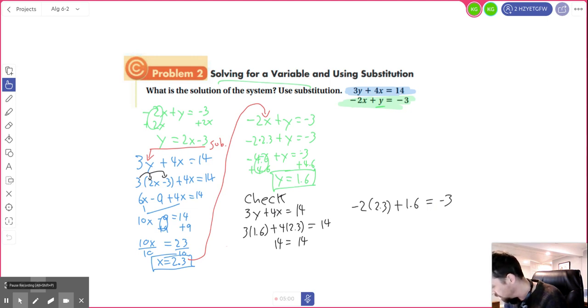Negative 2 times 2.3 is negative 4.6 plus 1.6. That does equal negative 3. So it works in both equations, so it must be true.